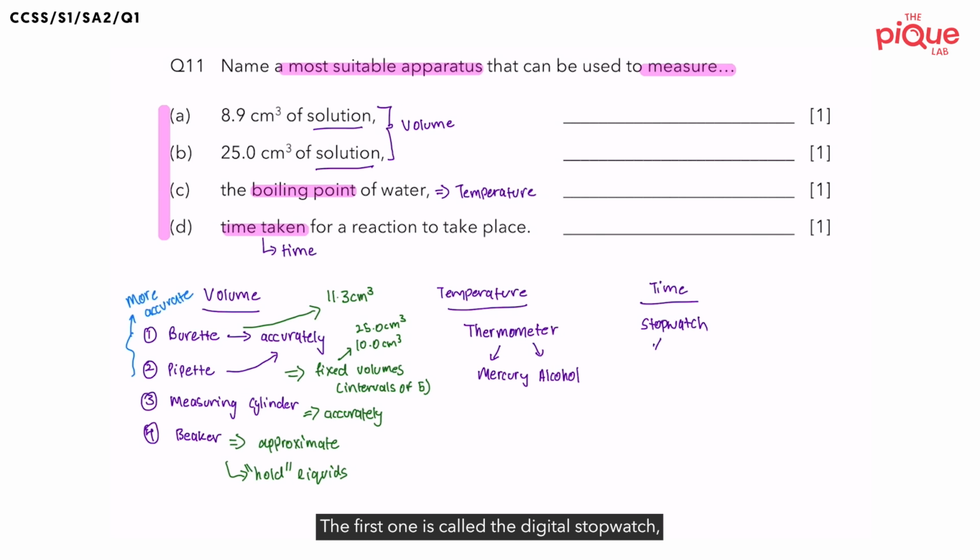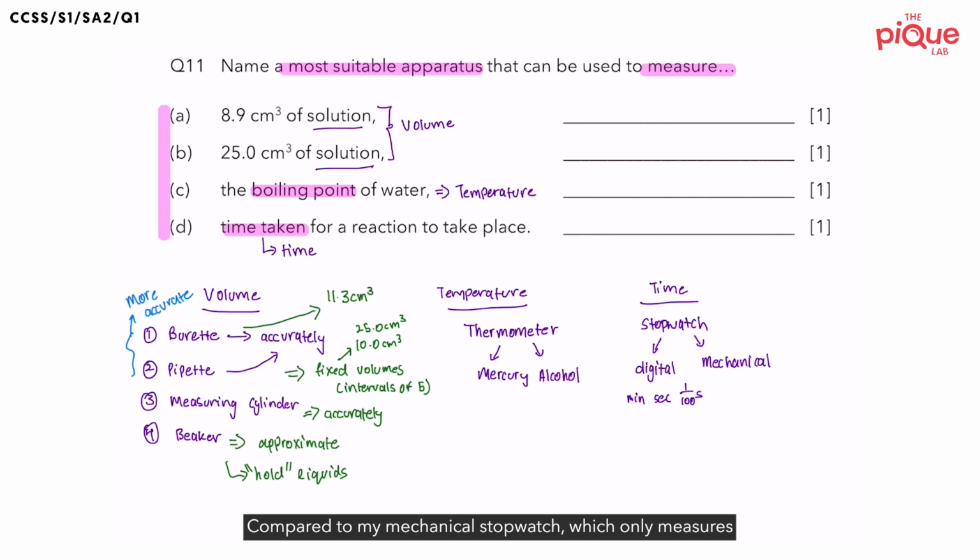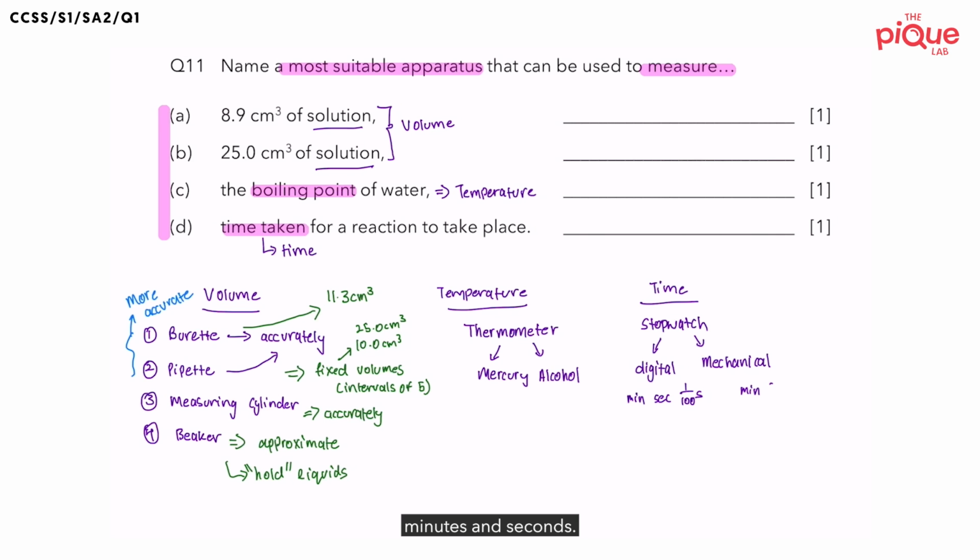The first one is called the digital stopwatch, and the second type is the mechanical stopwatch. The difference is that my digital stopwatch can measure up to 1/100th of a second. So it can measure minutes, seconds, and up to 100th of a second. Compared to my mechanical stopwatch, which only measures minutes and seconds.